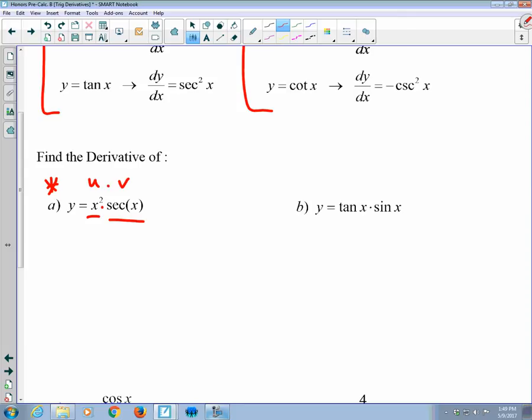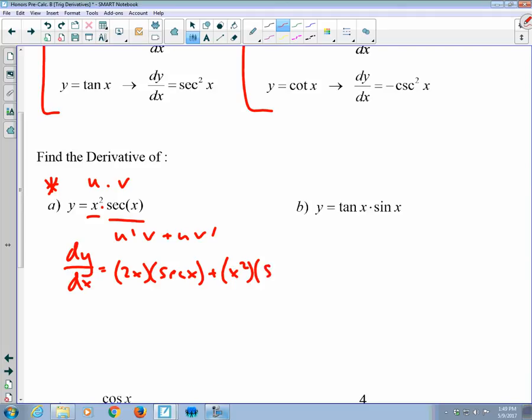And when we want to take the derivative of a product, the multiplication of two expressions, we use the product rule. So right here, we would say then the derivative of this expression is going to be dy dx, and it's going to be u prime v, and then plus u v prime. So that's going to be the derivative of x squared, so it's going to be 2x, and then times our secant x, and then right here plus, and now we're going to have our u v prime, so that's x squared, and now our v prime, the derivative of secant, would be secant x tan x.